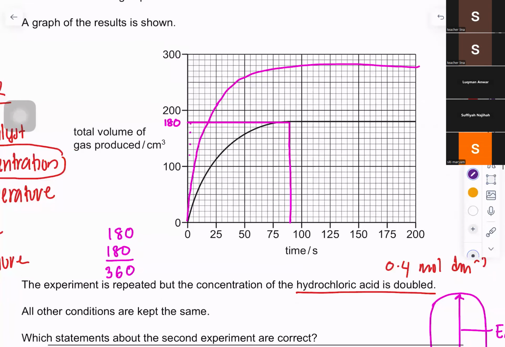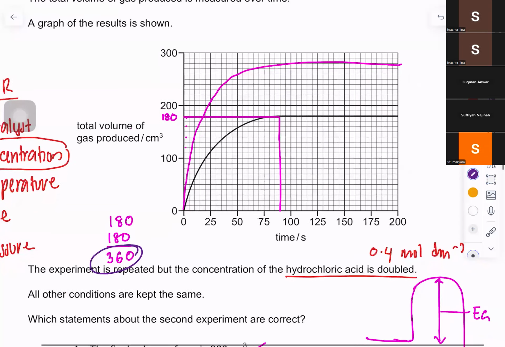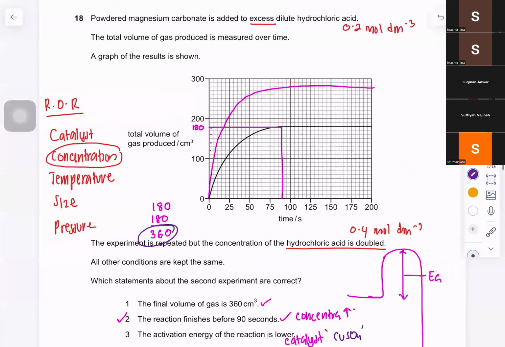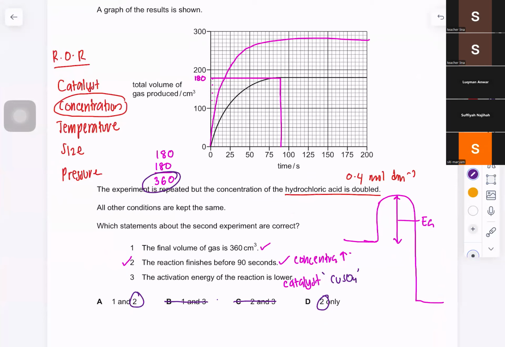So if it is doubled, the volume of the gas produced is 180, 180 is 360. Okay. How to get the final volume of 360? Oh, teacher just totals up because they said double.